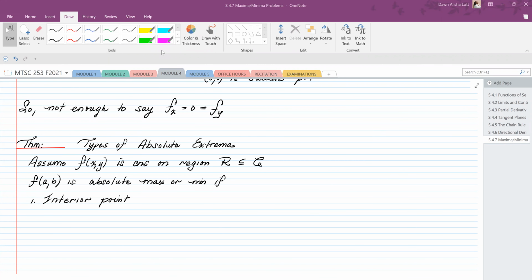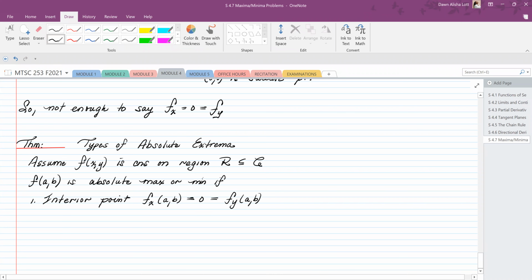So it's an interior point where f sub x at AB equals 0 equals f sub y at AB. 2, it's an interior point where one of the partials may not exist.